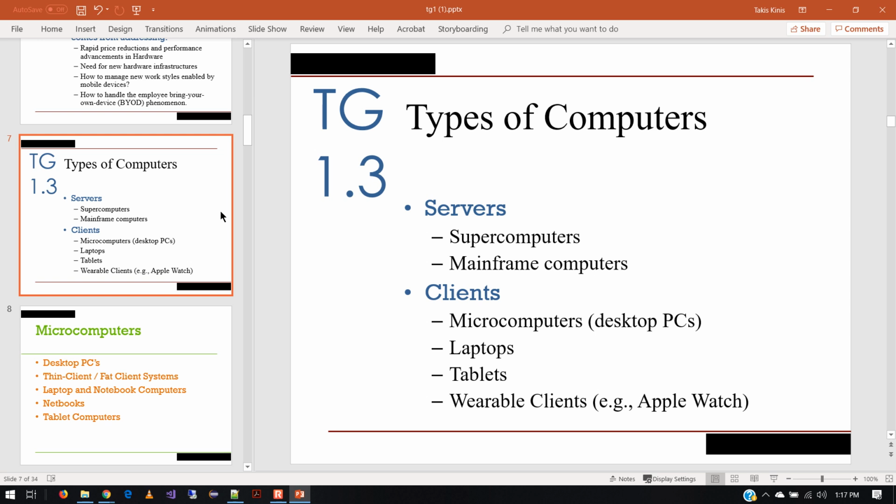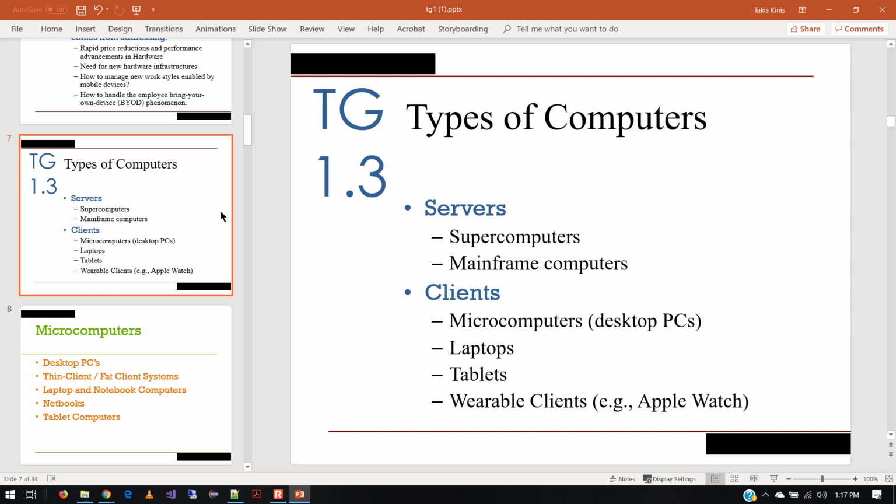In terms of the types of computers out there, really, for most of us, the types of computers that we're going to encounter will fall into these categories. As consumers and regular end users, the people who use the technology to do work, we are in the client category.